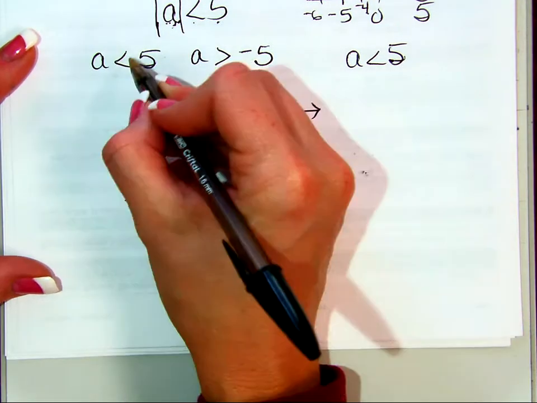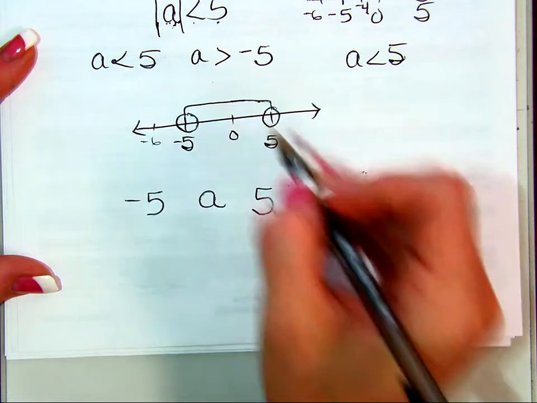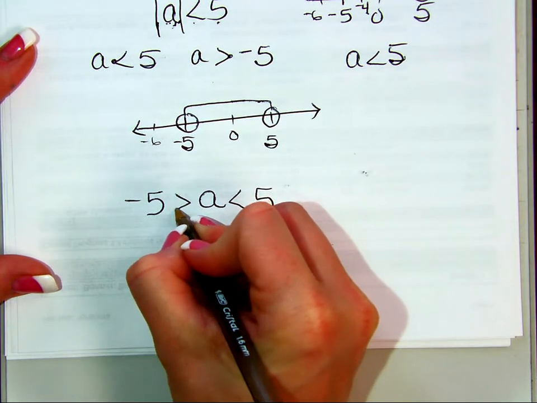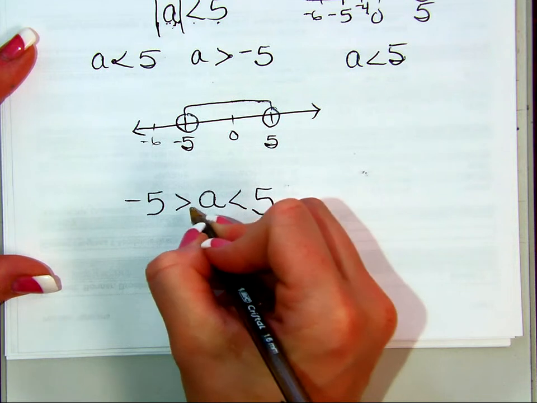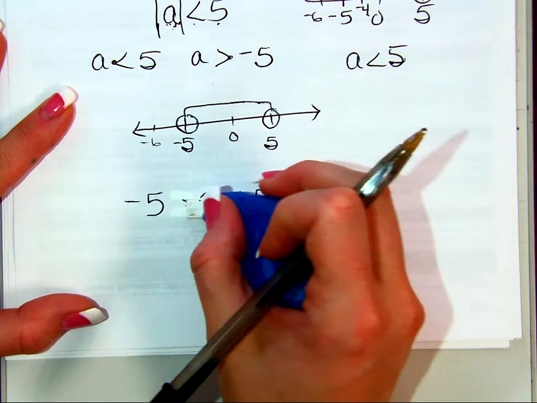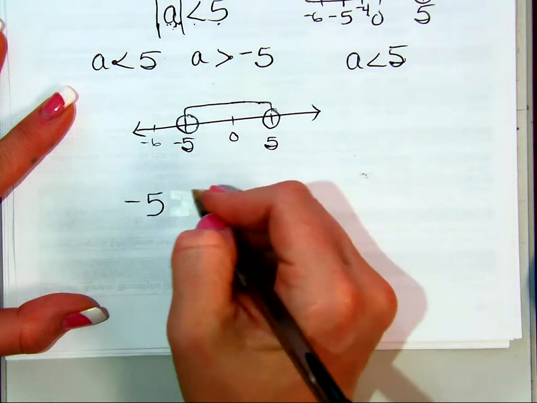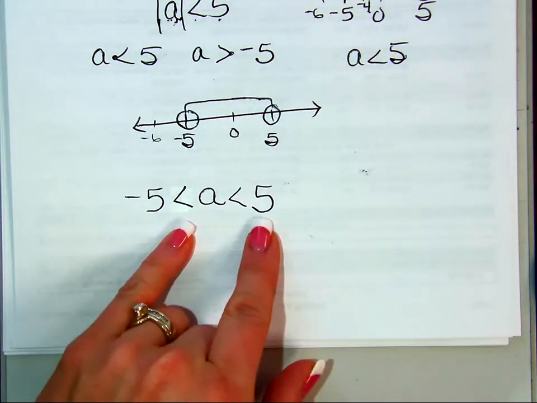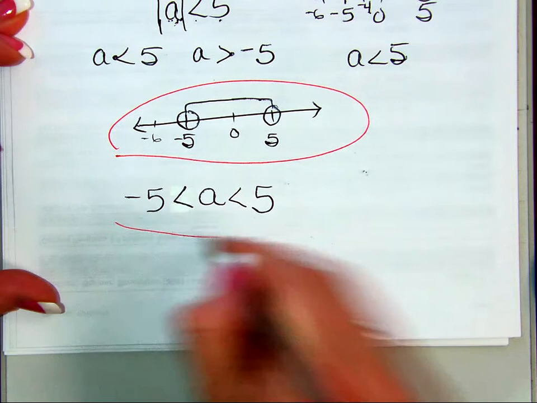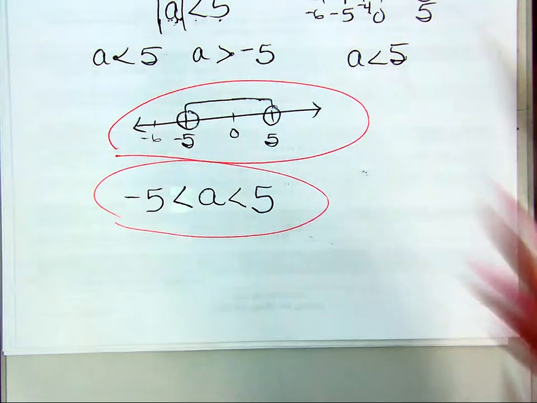So I'm going to say that A is less than 5, but greater than, oops, I have the wrong way there. But A is greater than negative 5. Okay? That is your answer. So what will be checked? This and this, not just that.